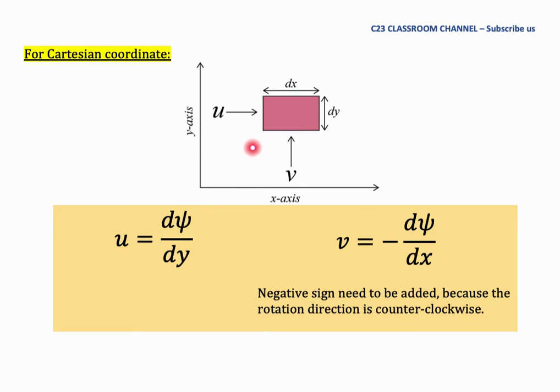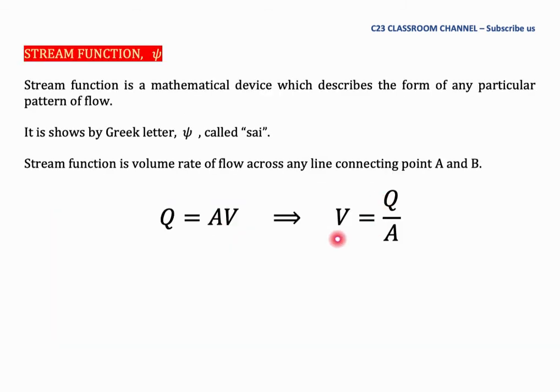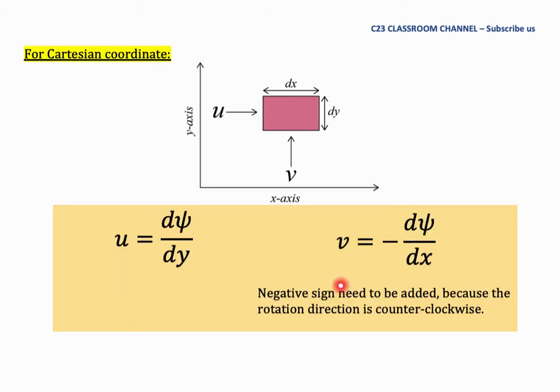As we know, in previous notes, we said that stream function psi is actually the volume flow rate. So we could calculate the volume flow rate. Q is equal to A times V, and then we can rearrange the equation to become V equals Q over A, and we use this idea to develop our stream function.